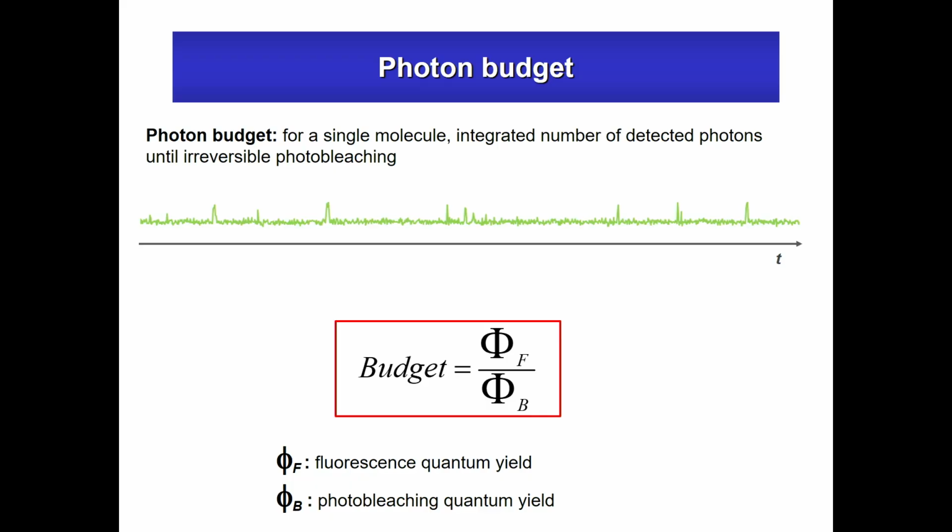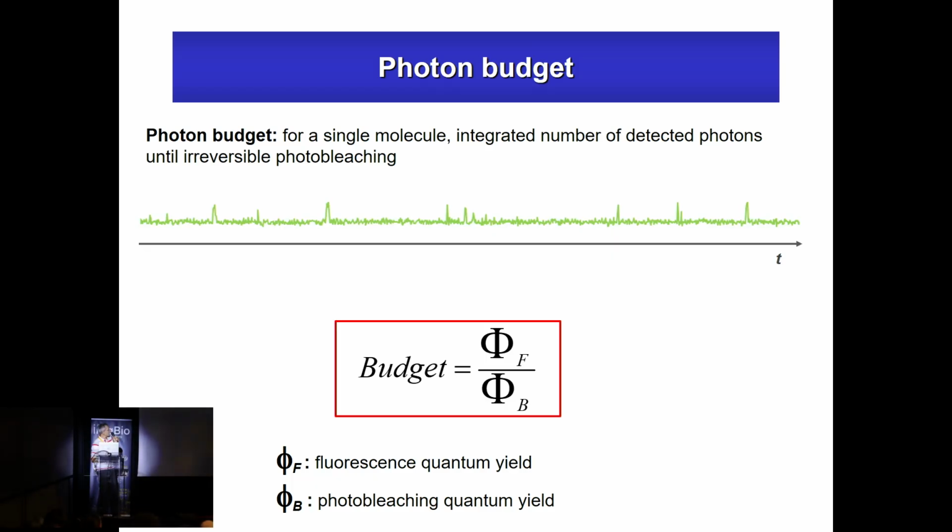Another important aspect, which you'll certainly hear about during the school, is photon budget. This photon budget is essentially the total number of photons that a fluorophore can emit before it undergoes irreversible photobleaching.